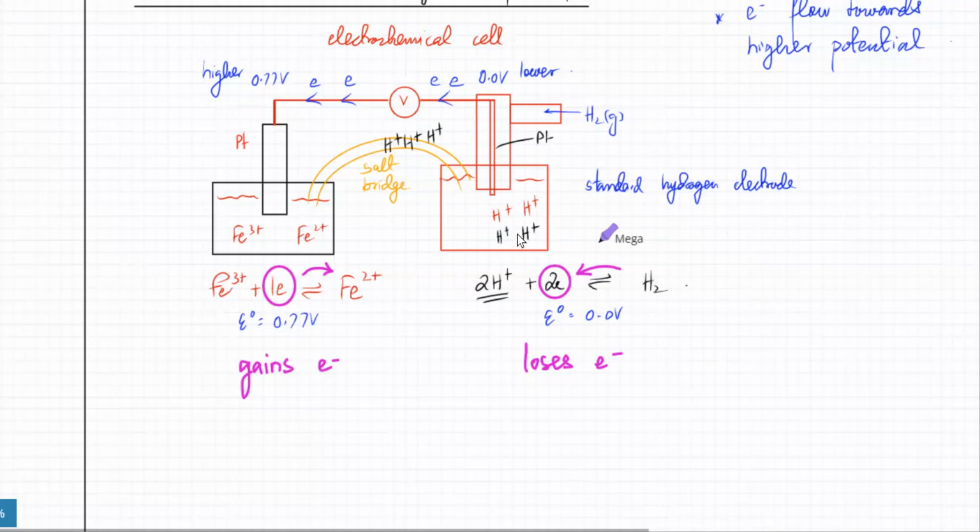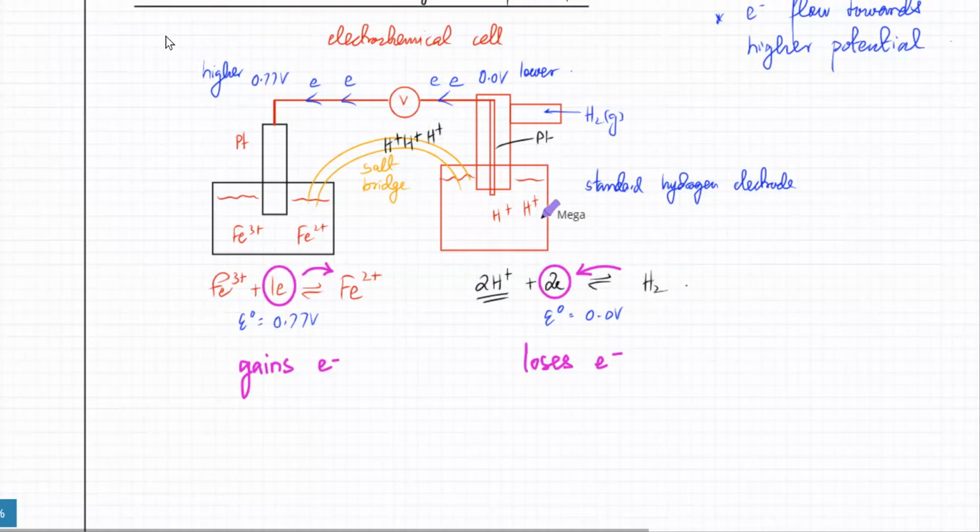So the salt bridge kind of acts as a balancing act. It doesn't let the ions increase in concentration. Is this clear? So the current would continue to flow. Even though more H+1 ions are being produced, the current would continue to flow.